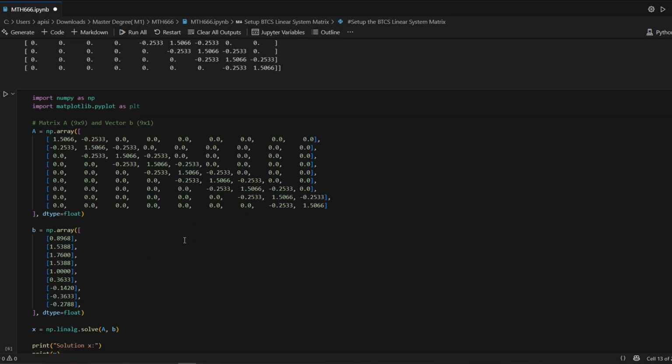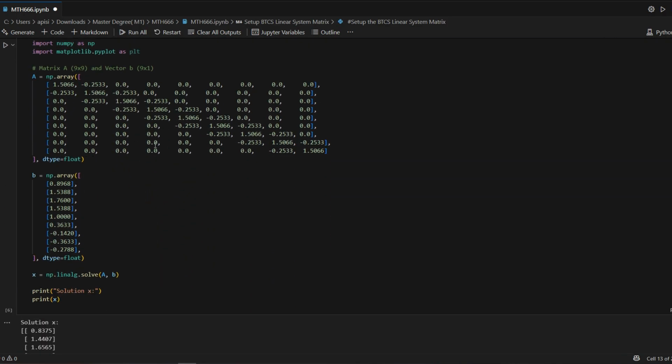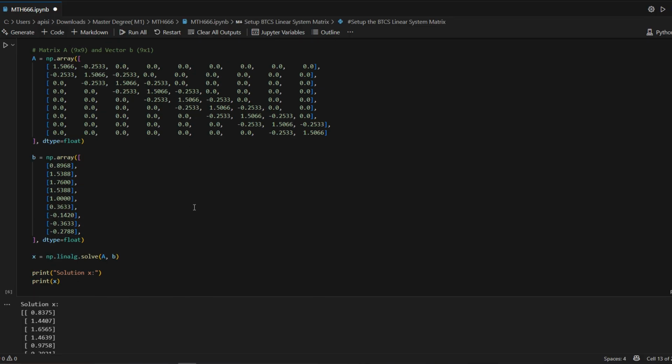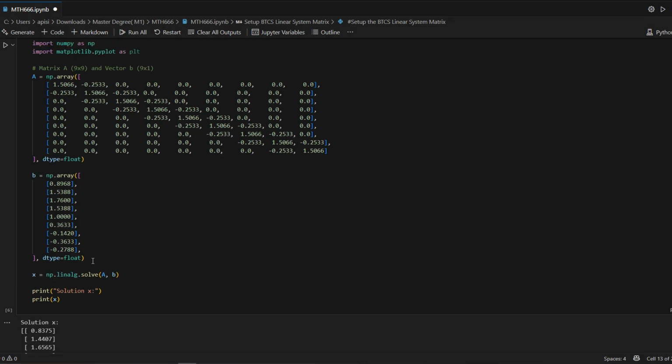And next, we need to calculate the temperatures at the time step of 0.1. We already have the matrix and the initial conditions at each position. Using the inverse of the matrix, we can compute the temperature values. This demonstrates a simple method to understand the solution, and we can extend it to the time stepping loop for further calculation.